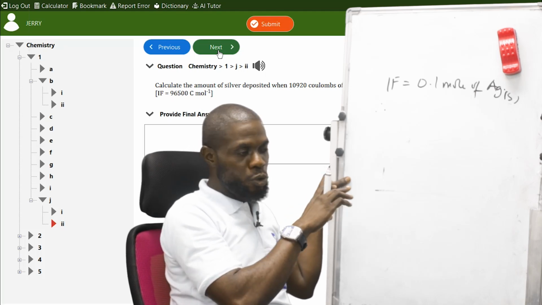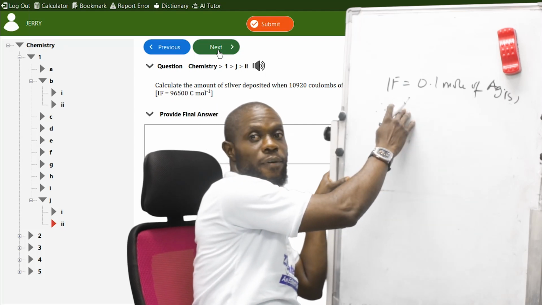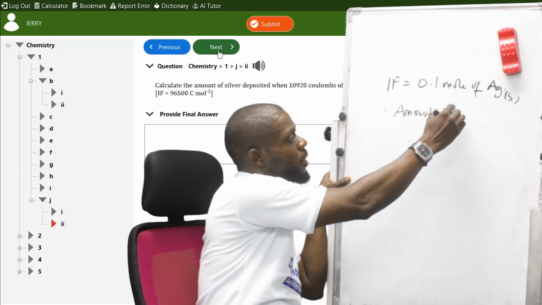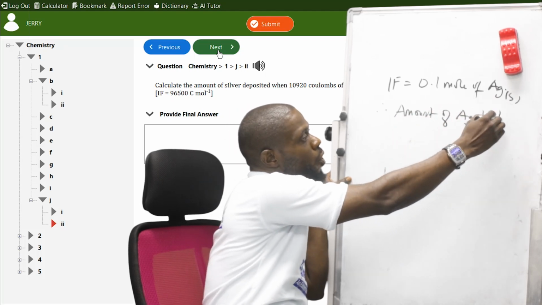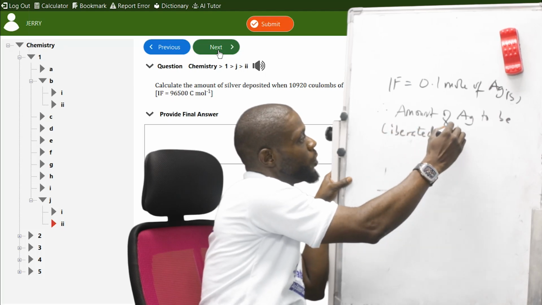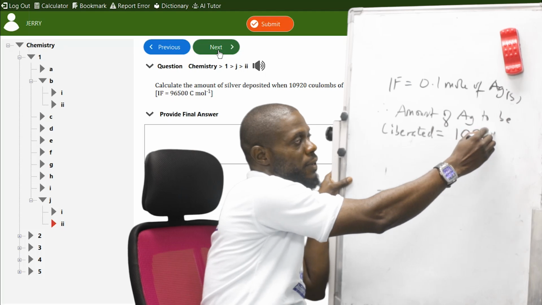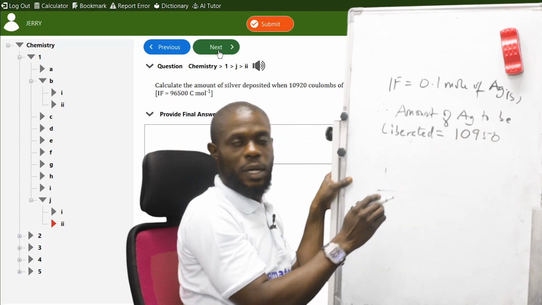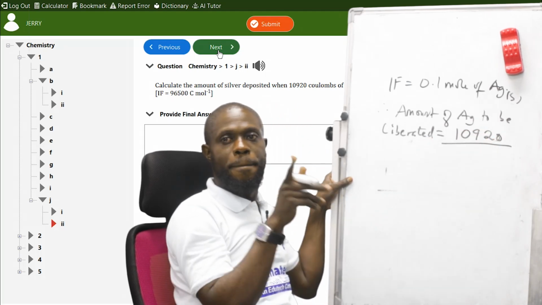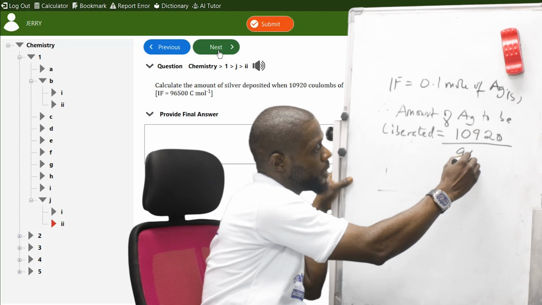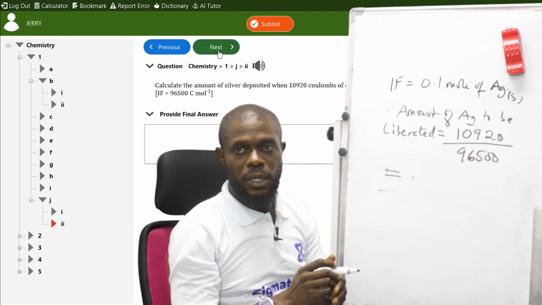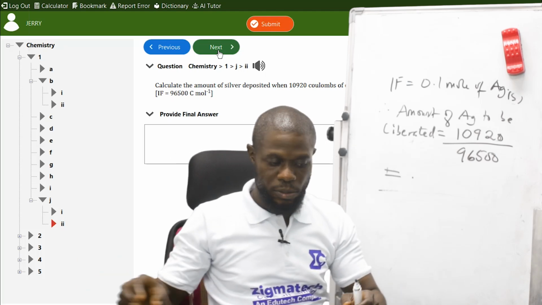So the amount of silver to be liberated will be equal to 10,920 divided by 96,500.